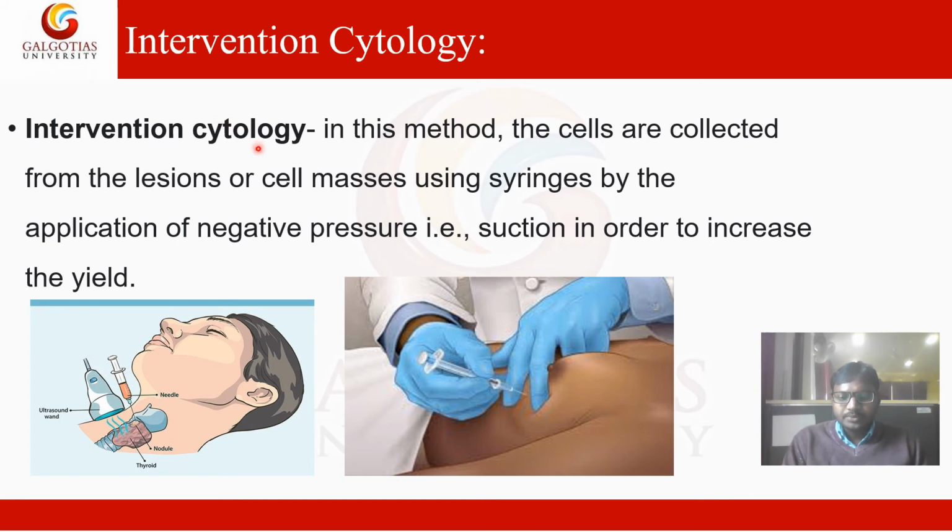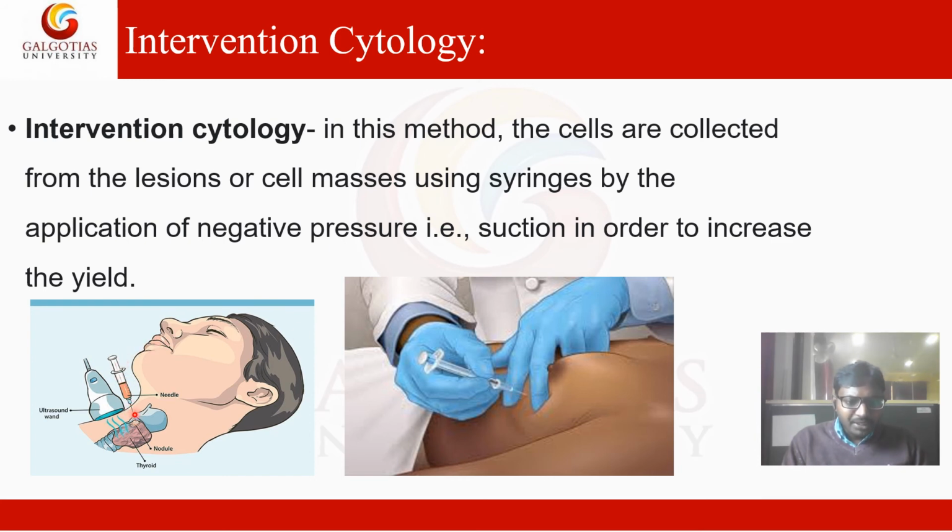At that time we can detect cervical cancer and what grade it is. Intervention cytology: in this method, cells are collected from lesions or cell masses using syringes, with the application of negative pressure suction in order to increase the yield. Here in intervention cytology we are collecting thyroid tumor samples as well as female breast tumor samples by syringe.